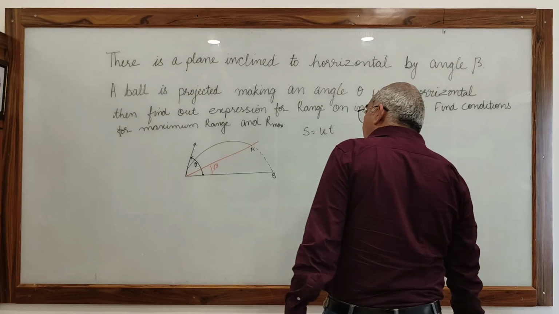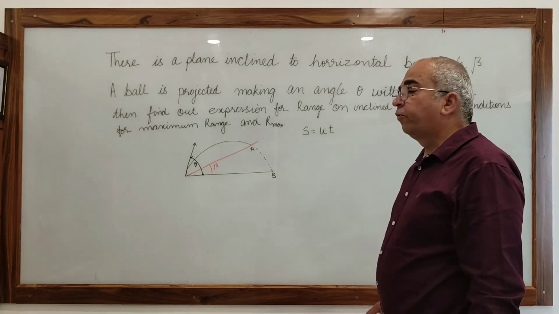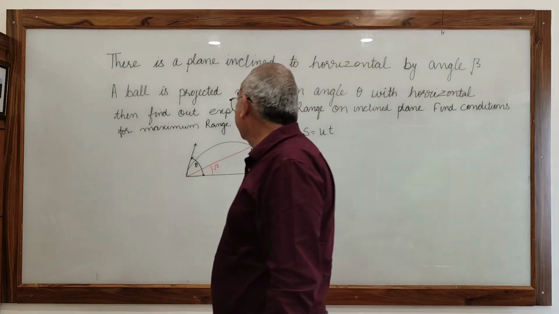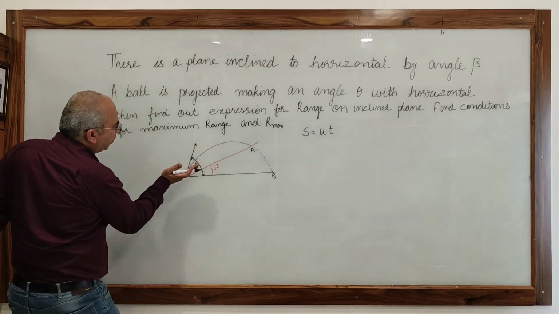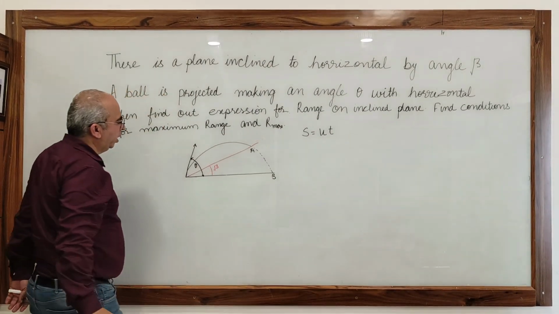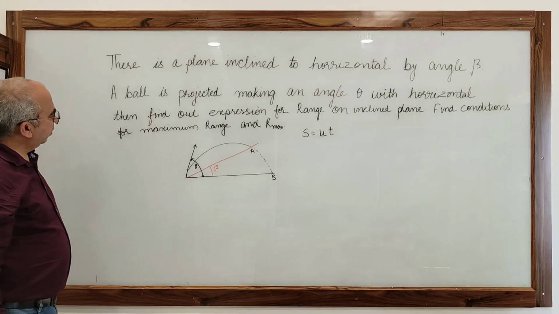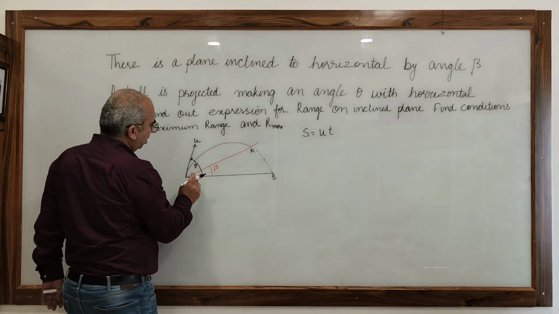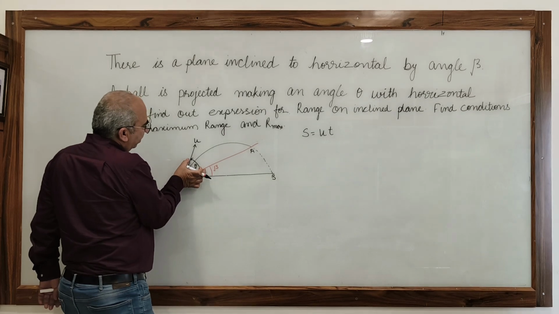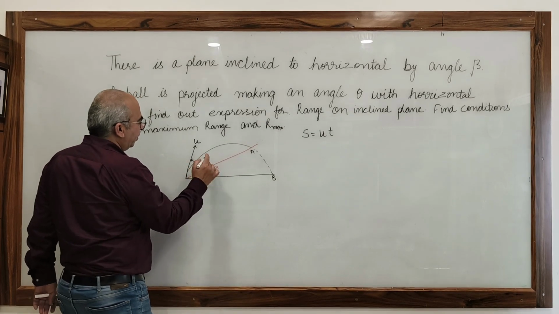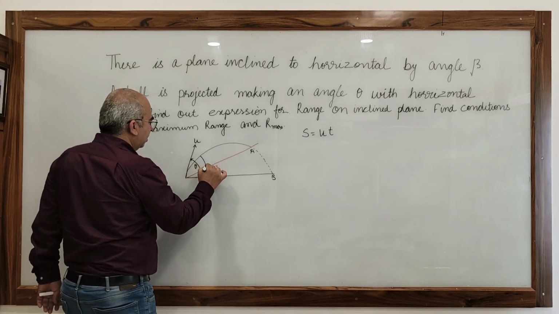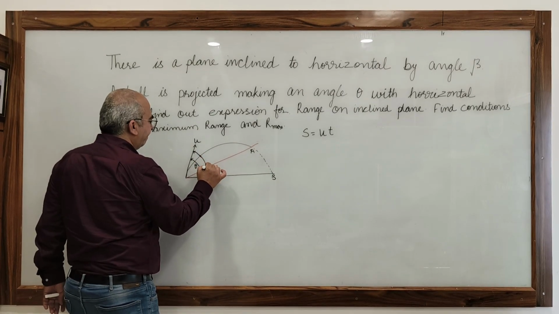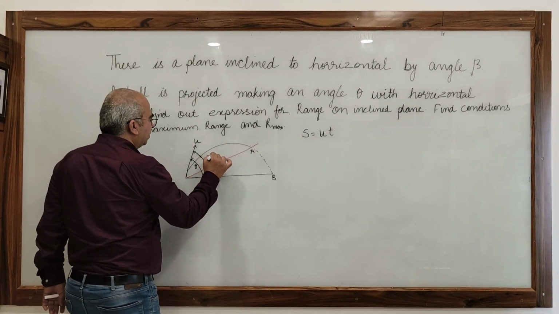Now, to find the range, first we have to find the velocity in that direction. The velocity should be in this direction OA. And what will be the velocity? This is u and the component will be at this angle. What will be this angle? This angle will be theta minus beta.